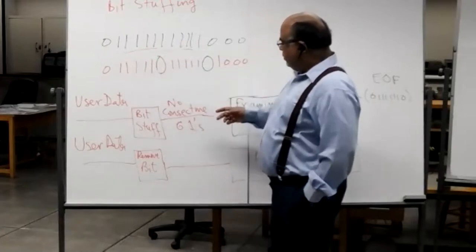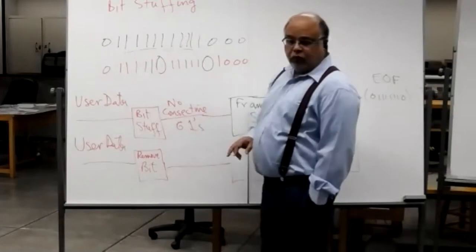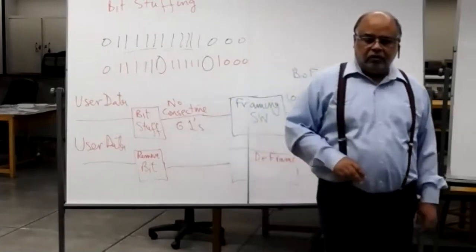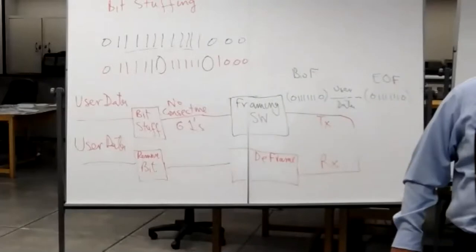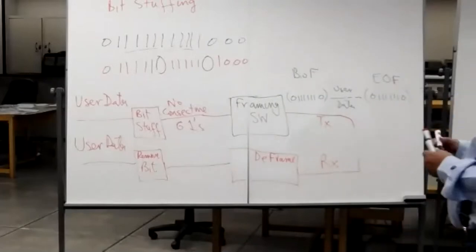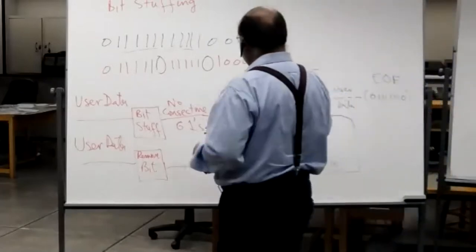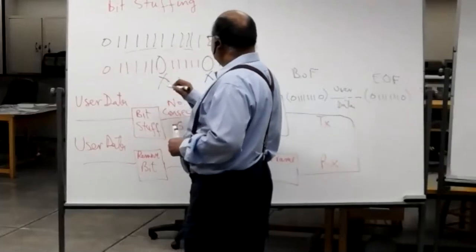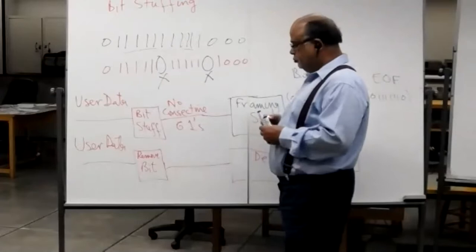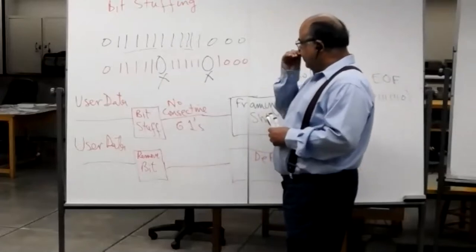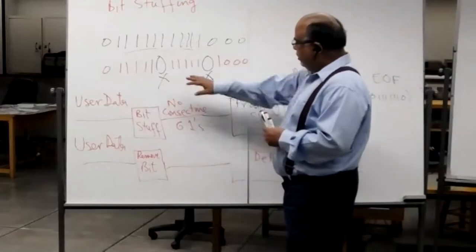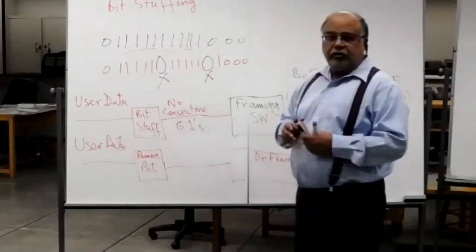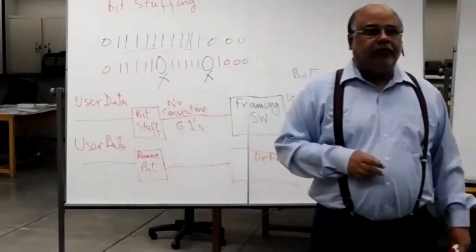So on the receiving side, we remove these extra zeros again. So that way, the user gets the same old data again. So this is why we do bit stuffing.